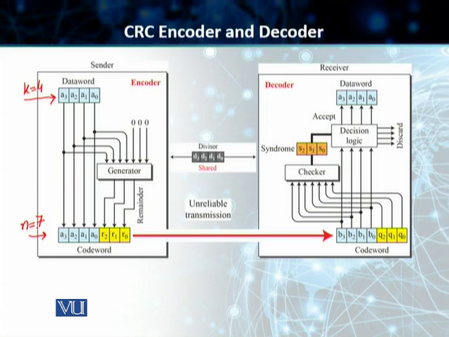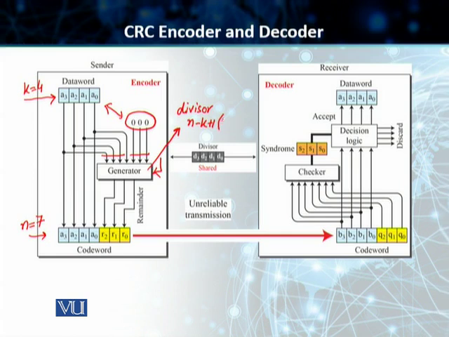Students, this n-bit result is fed into the generator. We have added these 3 zeros to your code word. All of these, the 4 data bits and the 3 zeros, are then fed into this generator. Students, this generator will use a divisor, with modulo 2 arithmetic division, and this divisor has a size of n minus k plus 1.